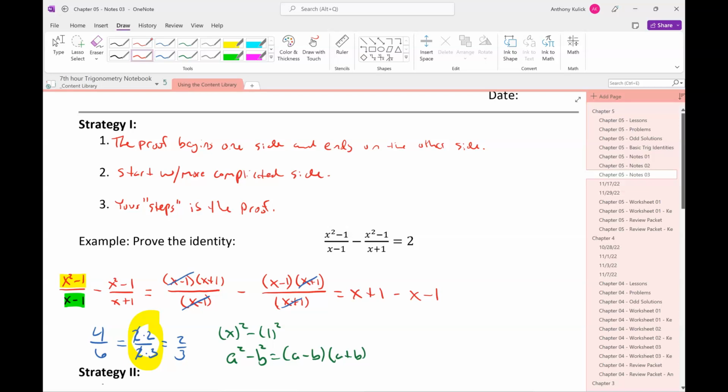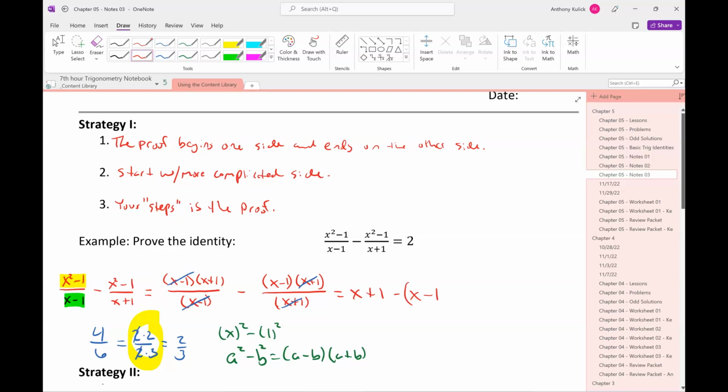Everybody agree with that? You're all wrong! You should have disagreed with me. I made a mistake on purpose to illustrate to you how easy of a mistake this is to make. Does anybody see where the mistake is? Oh, the parentheses? Yeah, parentheses where? Around x plus 1 and then x minus 1.